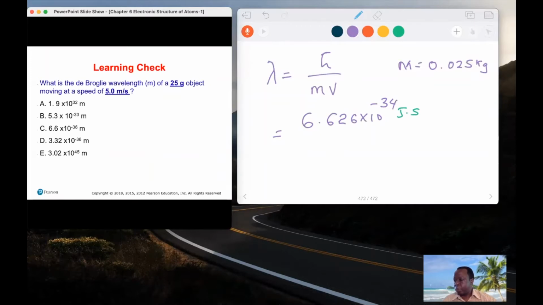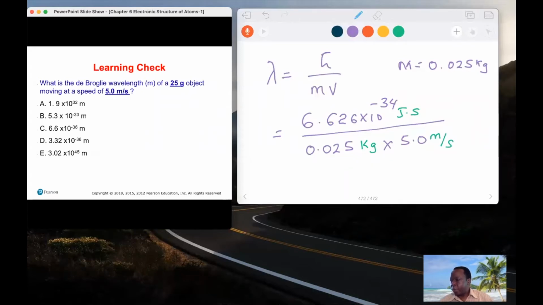The mass is 0.025 kg, and then times the speed, velocity, same as speed, 5.0 meters per second.